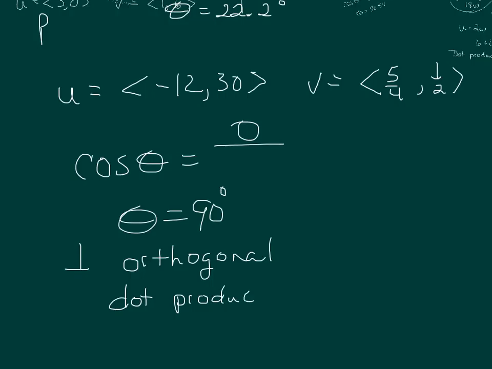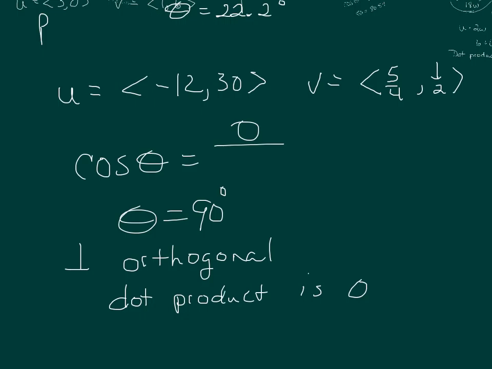So you can easily check whether two vectors are perpendicular by checking their dot product. If they are perpendicular, their dot product is going to be equal to 0. That's a quick little check.